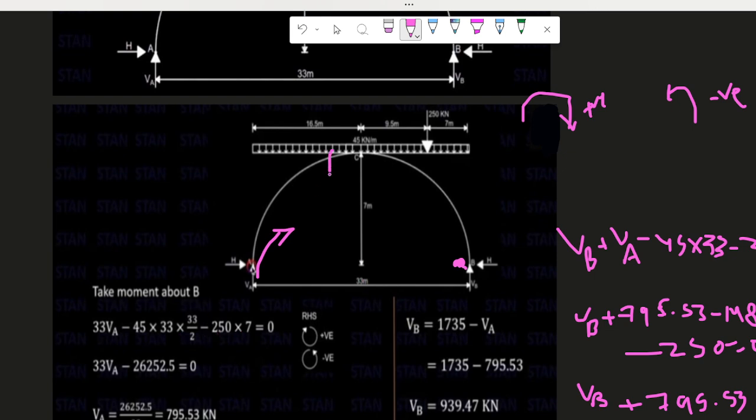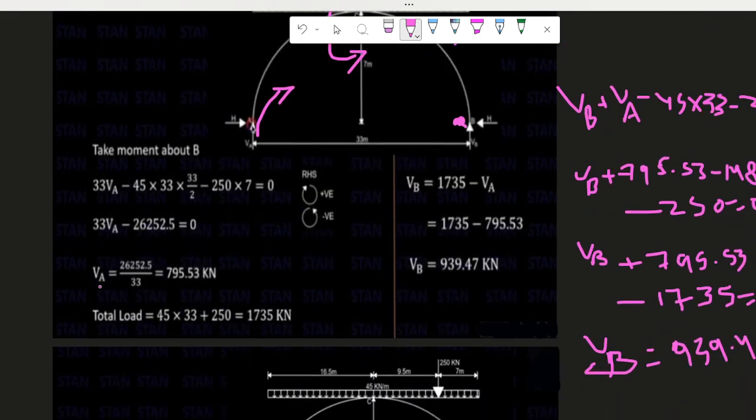This is anti-clockwise, so we take a minus sign. Next, the 250 kilonewton load acting at a distance of 7 meters is anti-clockwise, so it is taken as negative. Solving this, VA equals 795.53 kilonewtons.